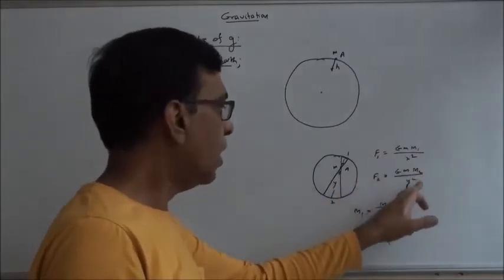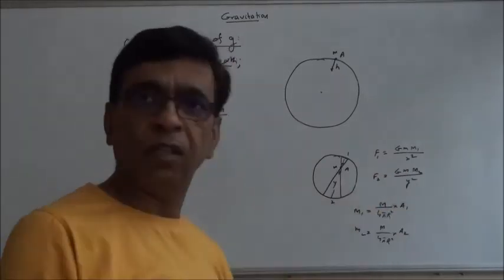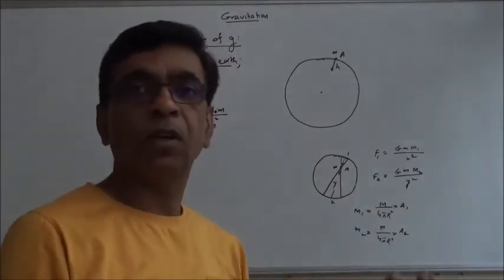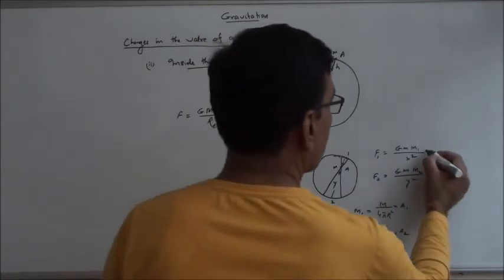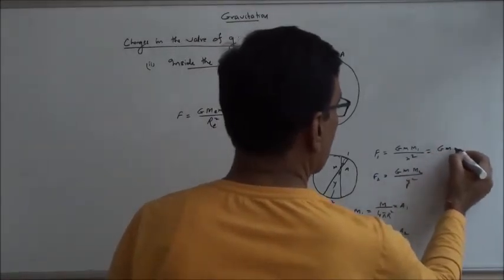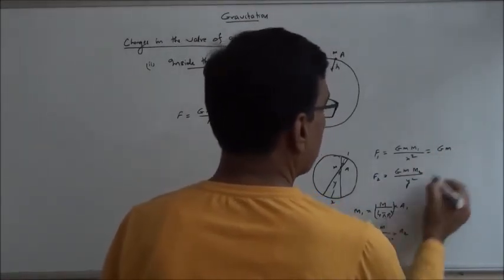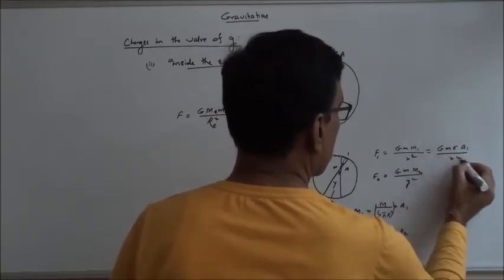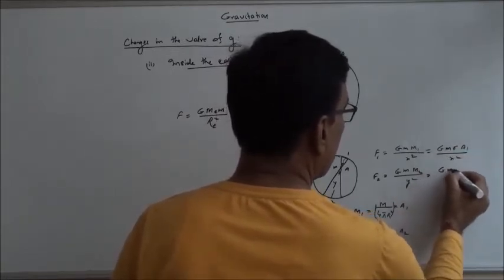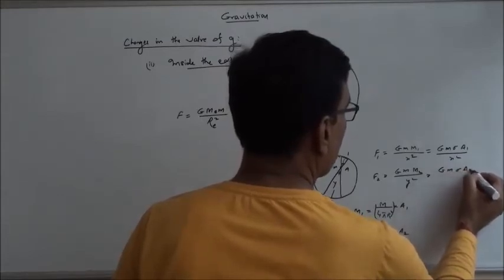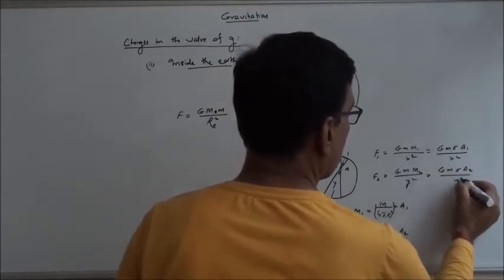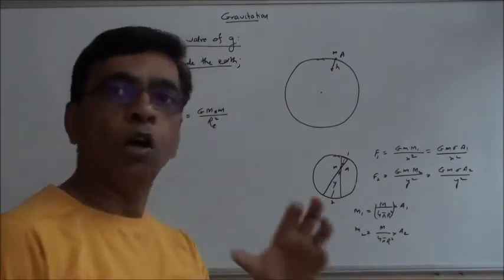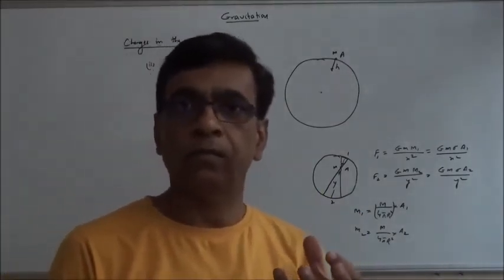So M1, M2 will be some constant into A1, mass per unit area, into, let this constant be sigma. A1 upon x square, and this is G M sigma A2 by y square. And how do we define solid angle?